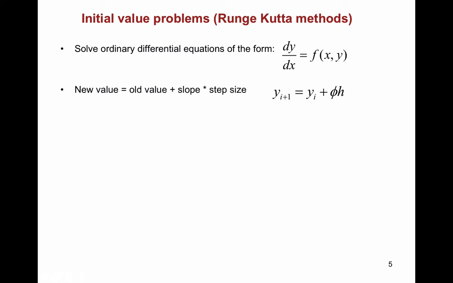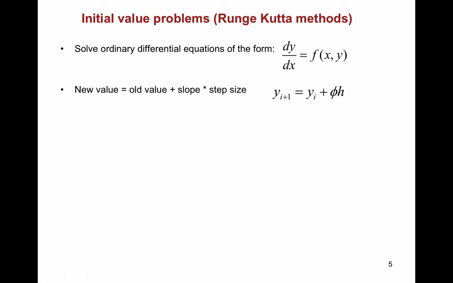I have a certain value yi. And I'm looking for the value of y at my next point, xi plus 1. In the simplest case, I say it's yi plus some slope, phi, times the difference in x's, which is what I typically refer to as this difference here.